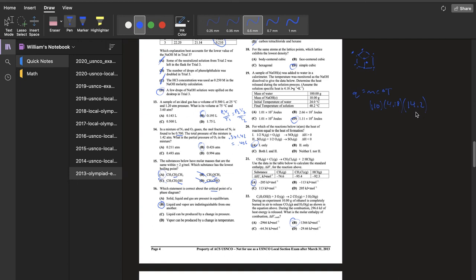There should be a negative sign on that because we are releasing heat, but as long as you know the magnitude, you're not going to get this wrong. So if you multiply, hold on, I messed something up here.